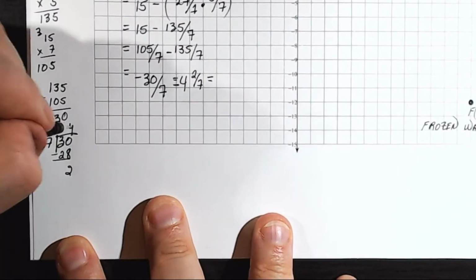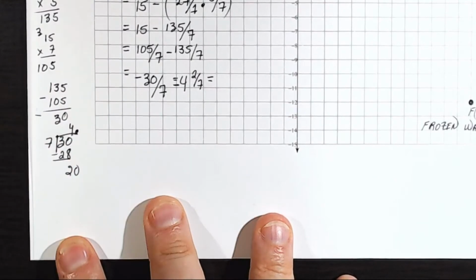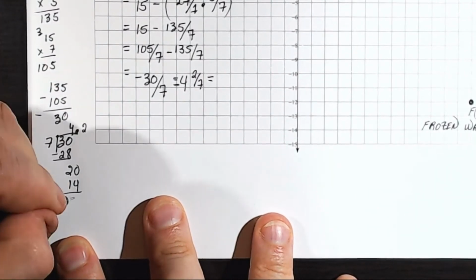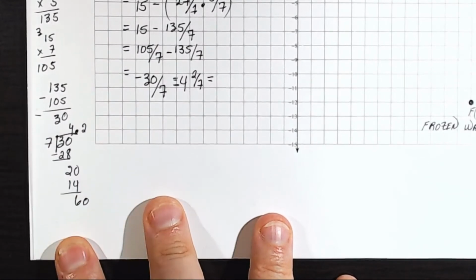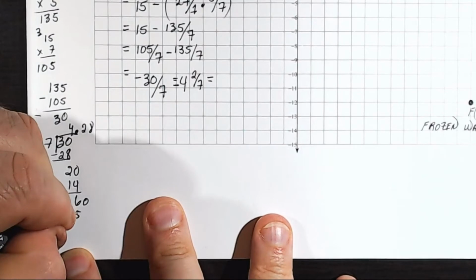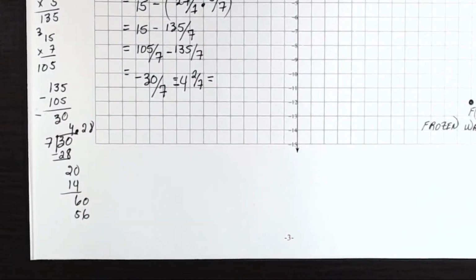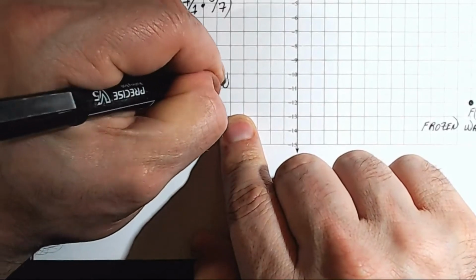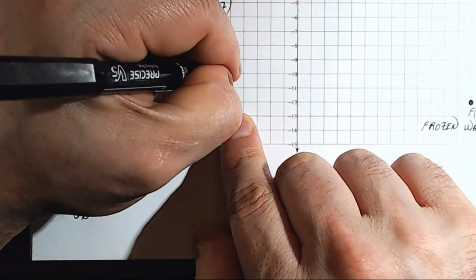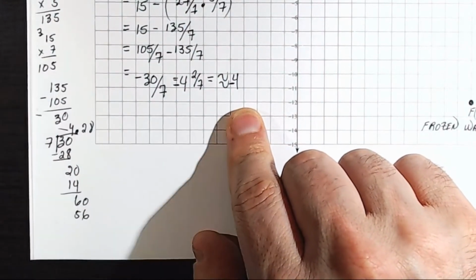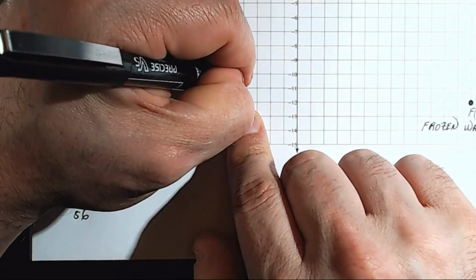Leaves 2. Put a decimal place and bring down a 0. 7 goes into 20 2 times. That's 14. Okay, leave 6, bring down a 0. 7 goes into 60 8 times, and that's 56. And we can stop there. We're just going to round to the nearest tenth. So this is approximately equal to negative 4.3.